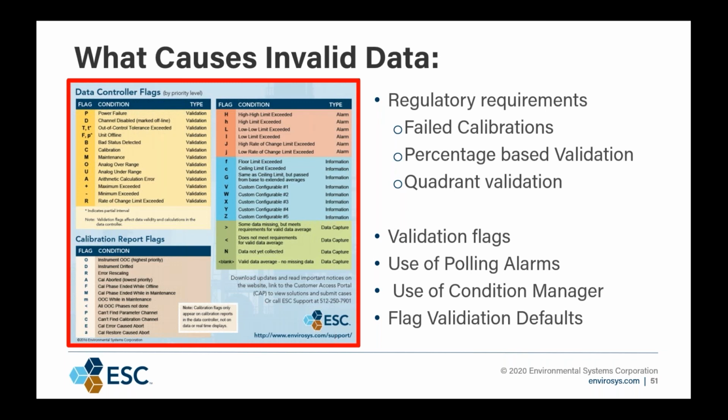Your flag validation defaults could also mark your data invalid, and you can pretty much do anything here. We can configure the big H flag to say that you're in maintenance, that your data is missing and invalid, or anything else. So these are some of the causes of invalid data.